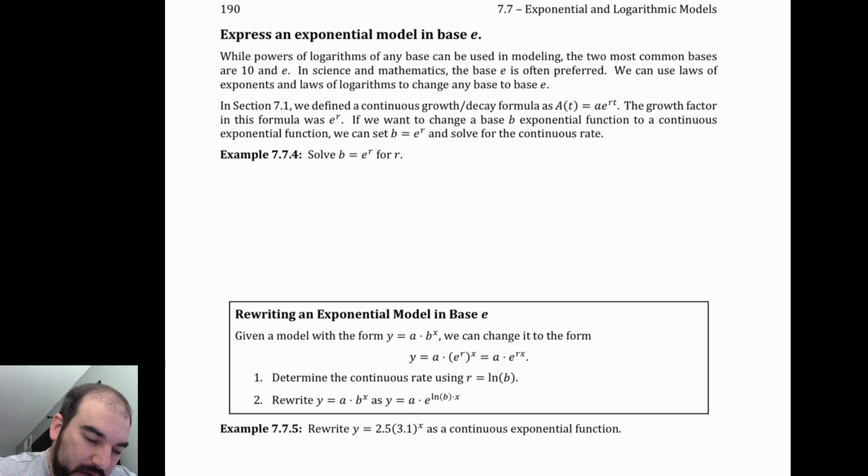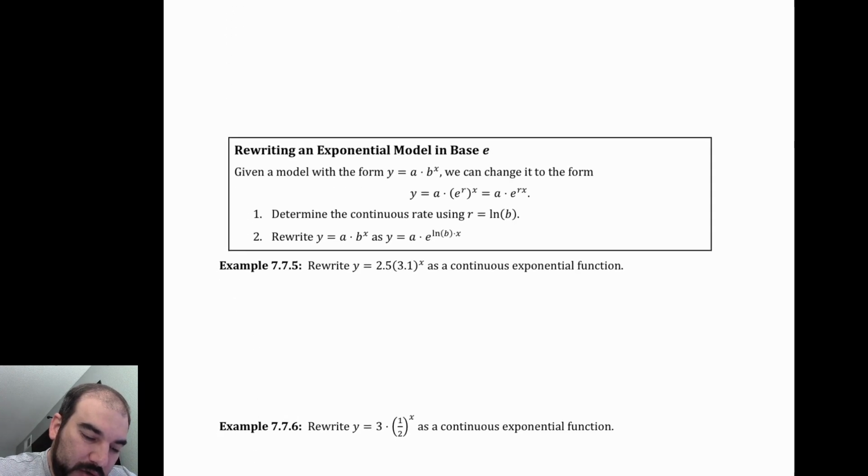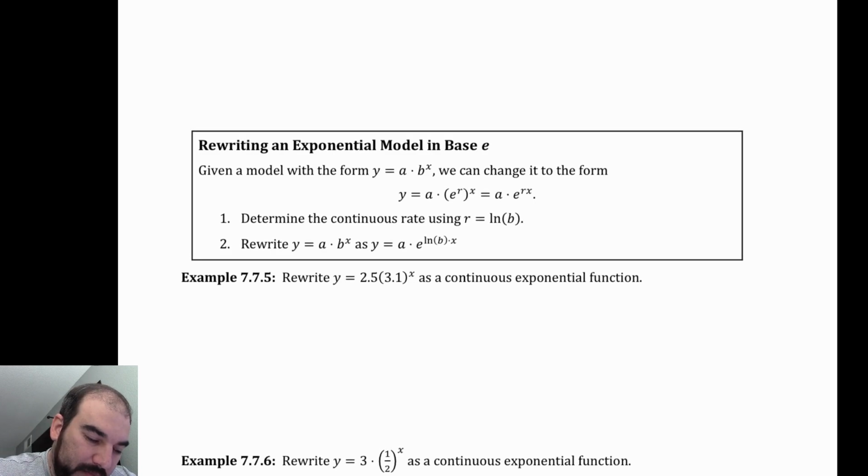Another form of an exponential model would be to write an exponential growth model with a base of e. Instead of having b to the x, we're going to have that b represented by e to the r.